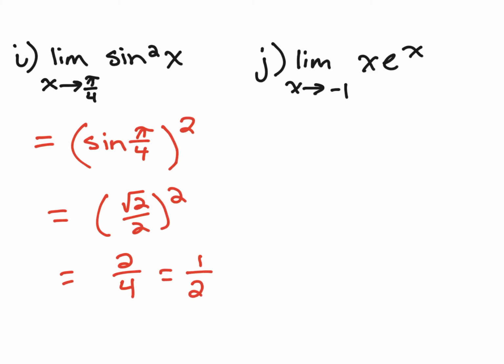Okay? Limit as x goes to -1 of x times e to the x. So we direct substitute. I can lose the limit notation now. Negative e to the -1.